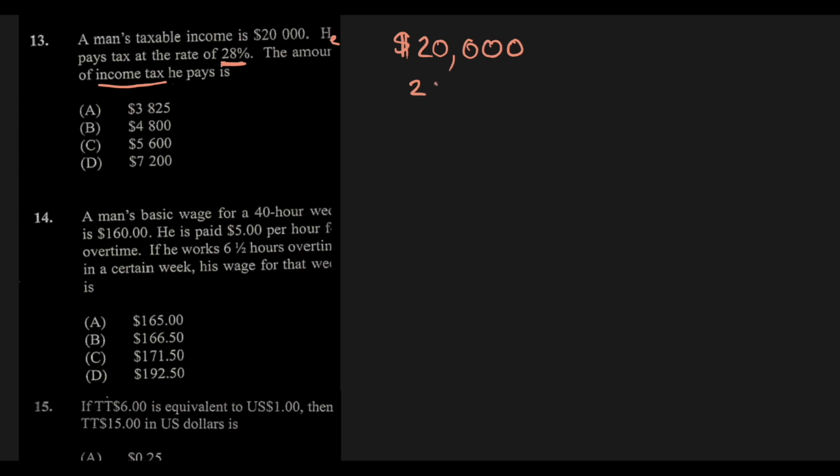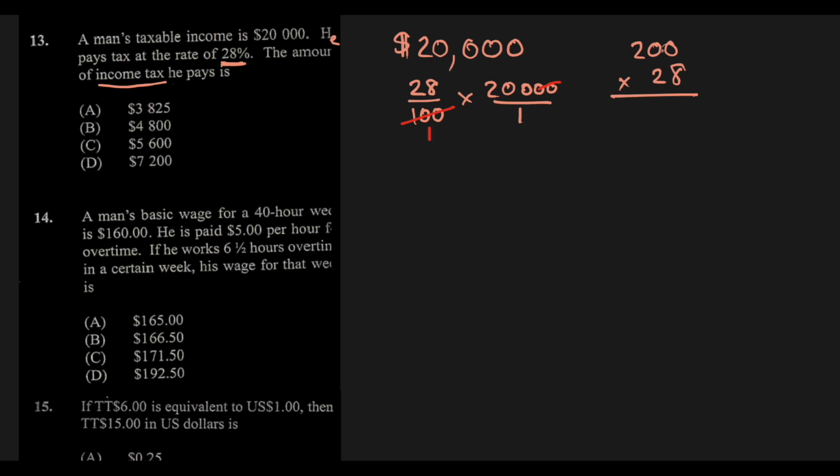So then we have 28 over 100 multiplied by 20,000 over 1. When we look at this here, 100 could go into itself once. And if I think of crossing out 2 zeros here, I'll be left with 200. So this would be the same as saying 28 times 200, which is 200 times 28.